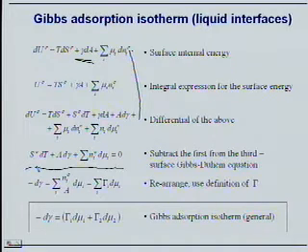The surface entropy times the differential of the temperature, plus the surface area times the differential in the interfacial tension, plus the sum of all excess moles of surfactant or whatever on the surface, times the differential of their chemical potential is equal to 0. Again, pay attention that all of this is to the surface, not to the whole system. This is what concerns the surface.